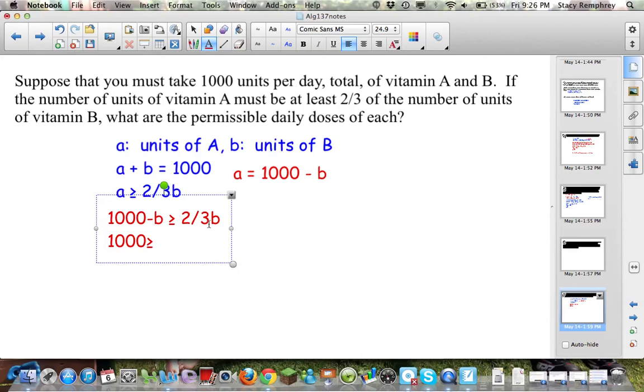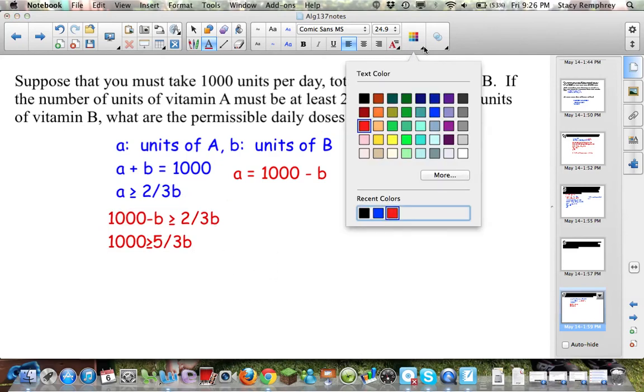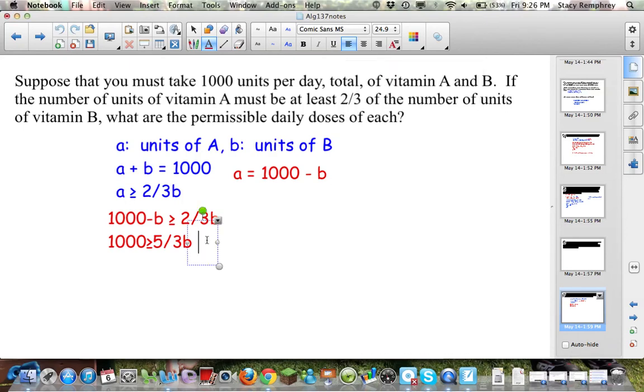So 1 plus 2/3 is 1 2/3 or 5/3 B. Then I'm going to multiply both sides by the reciprocal. I'll do that in green, I think. Give that a try. So I'm going to take this side, I'm going to multiply it by 3/5. And I'm going to do the same thing to the other side.